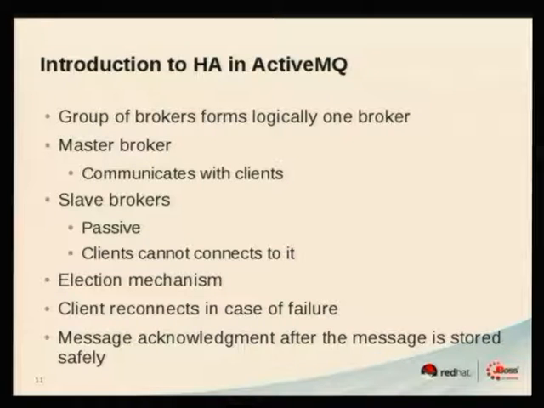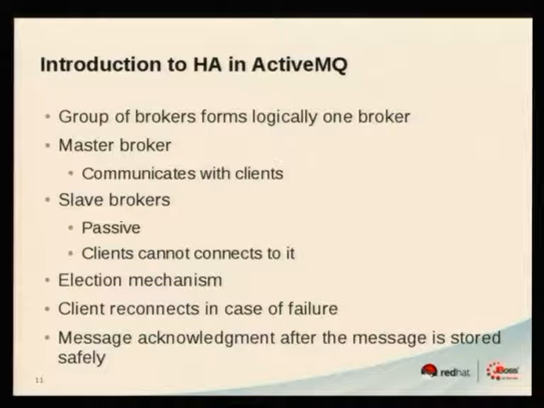One of these brokers becomes the master broker, and clients communicate only with this one broker. The slave brokers are in a passive mode, and they cannot accept client connections. They are only waiting: if the master has some failure, then one of the slaves will become the new master, so the clients can still communicate without any problem.